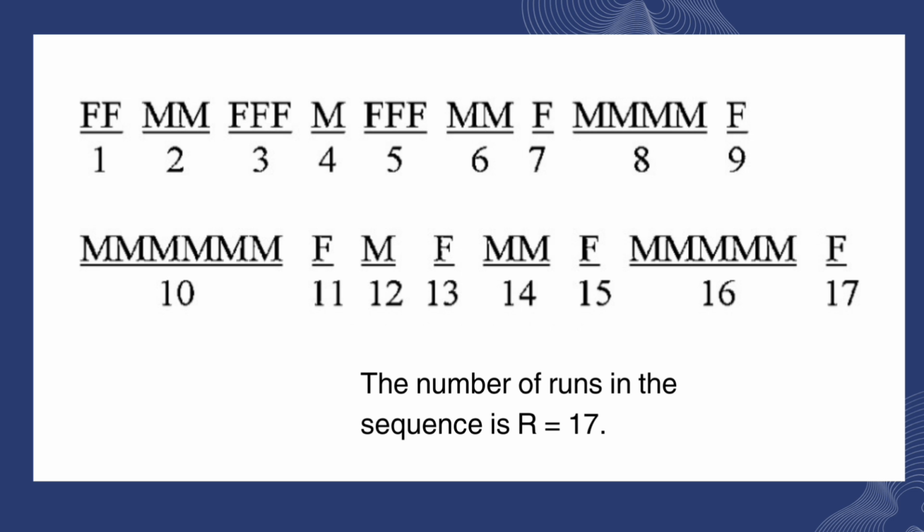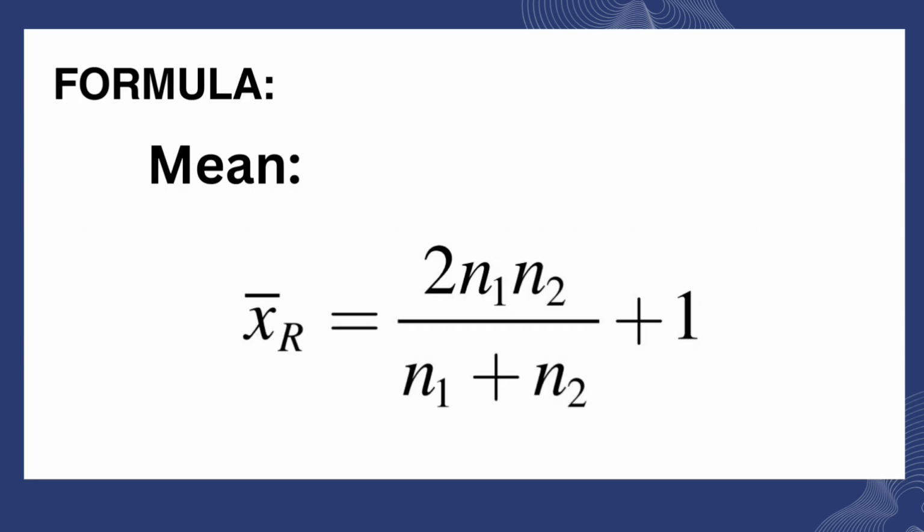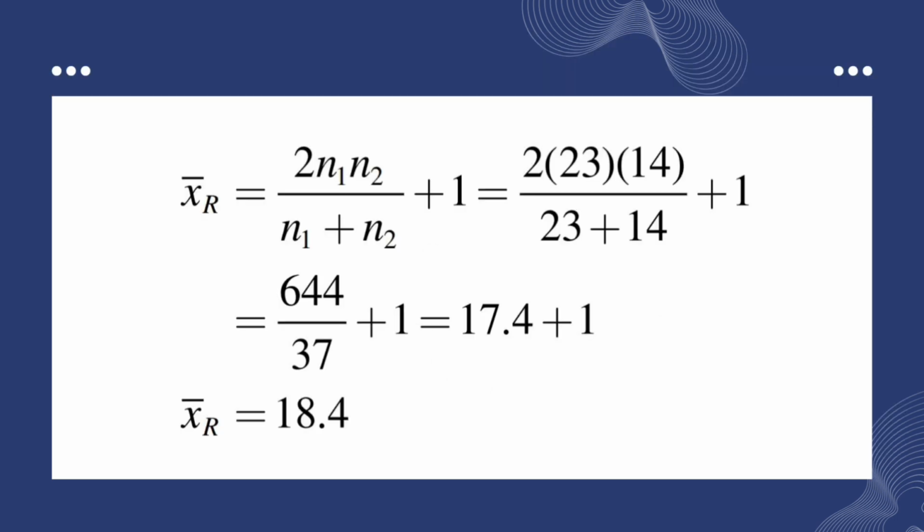First, we must find the mean and the standard deviation for the data. Ito ang formula sa mean, so i-substitute lang mga values. Diba ato ang n sub 1 is 23 and ato ang n sub 2 is 14. The mean value of runs is 18.4.